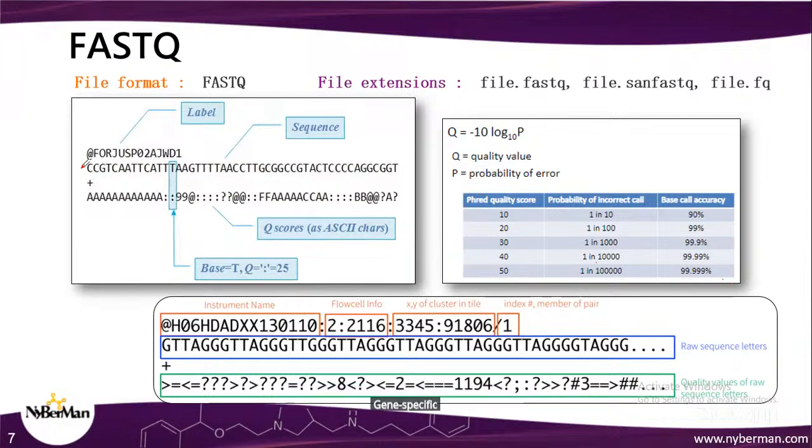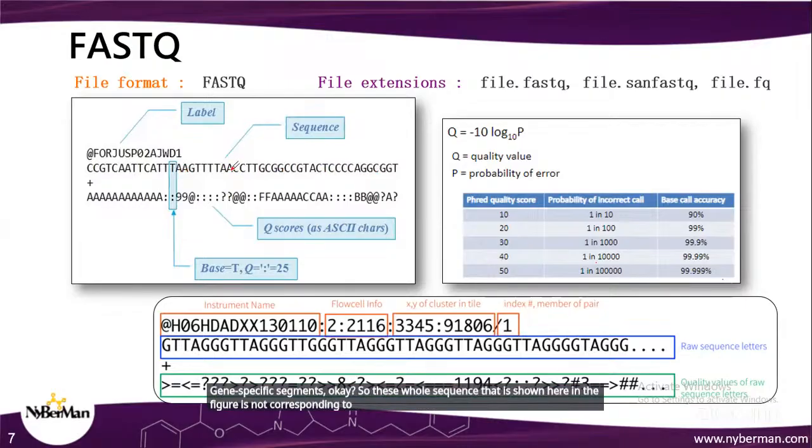Okay, so this whole sequence shown here in the figure does not correspond to just one gene. Maybe part of it corresponds to one gene and the other part next to it corresponds to another gene. So gene specific quality scores will decide the gene expression for that particular sample.